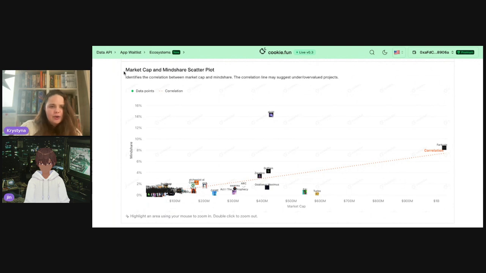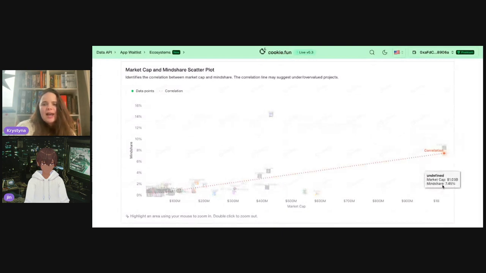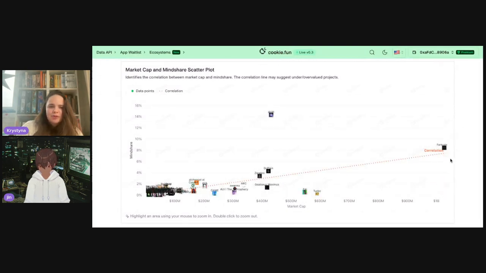And then here, I really like this one. I was looking at it just now, which is the market share and mindshare scatter plot, because it basically shows the correlation between market cap and mindshare. Fartcoin is so close to the correlation line. So this is like the prime example of how well the mindshare and the market cap can go together. And you can see most of them are scattered around the correlation line.